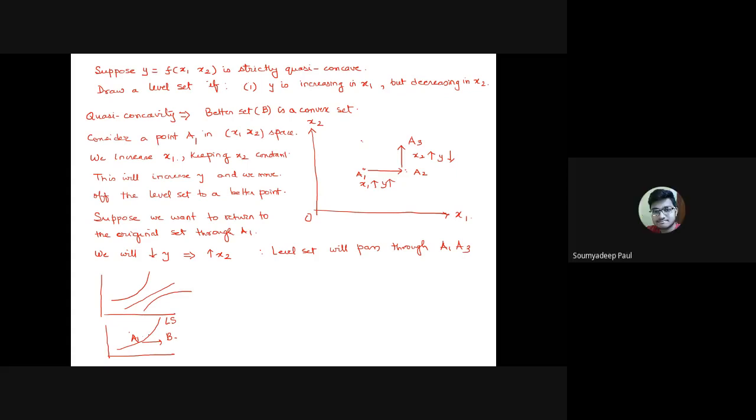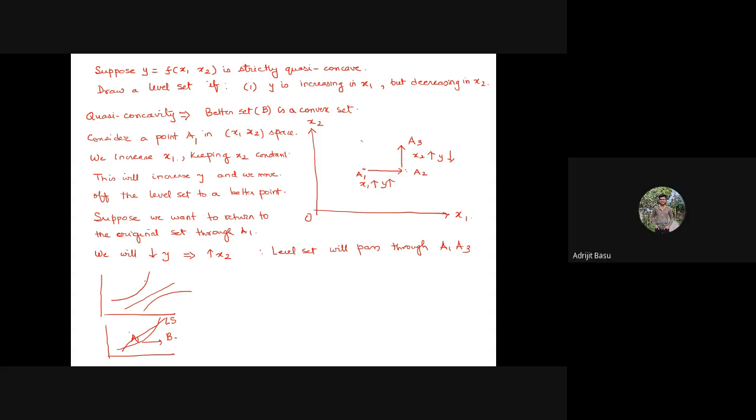Yes, sir. Okay, so now if this is the better set, tell me, is the better set convex? See, what does quasi-concavity imply? No, sir, the better set here is concave. If I take two points like this, it is concave. So can this be the shape of the function?